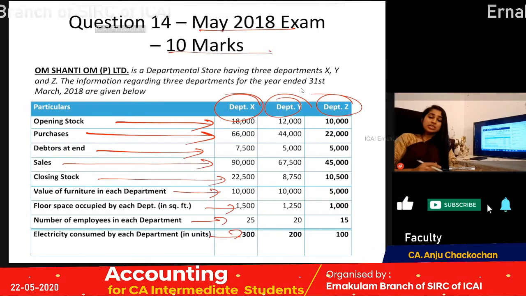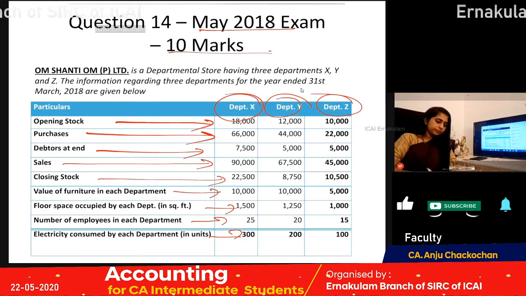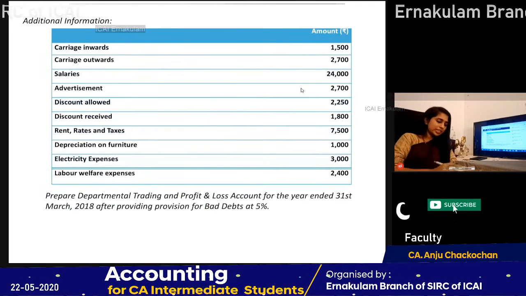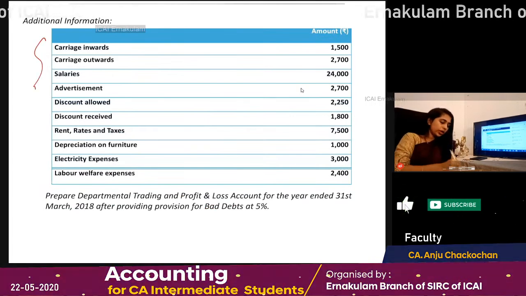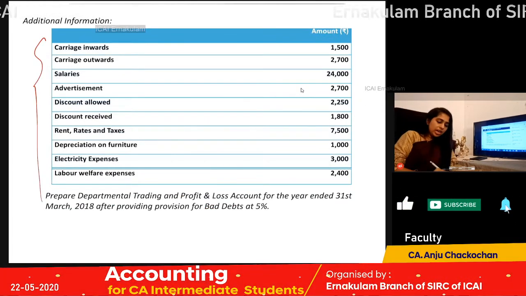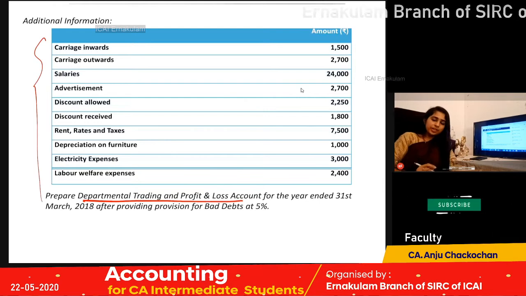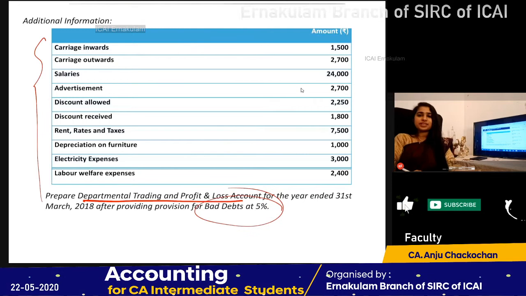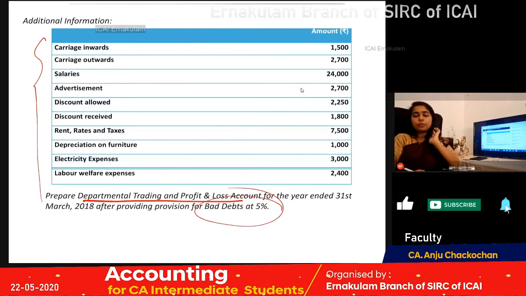All the figures are given here. We are also given some common expenses like carriage inwards, outwards, salaries, etc. We are asked to prepare the departmental trading and profit and loss account and also provide a 5% provision for bad and doubtful debts.